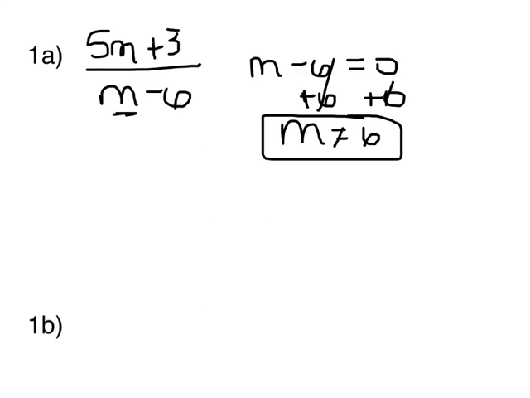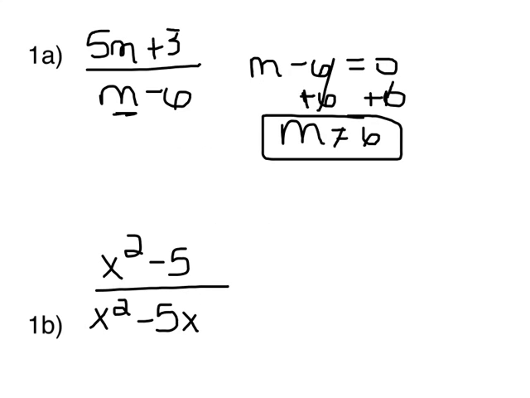In example 1b, we're given x squared minus 5 divided by x squared minus 5x plus 6. In order to find our excluded values, we'll have to factor our rational expression. In our numerator, we have x squared minus 5. That's not factorable.